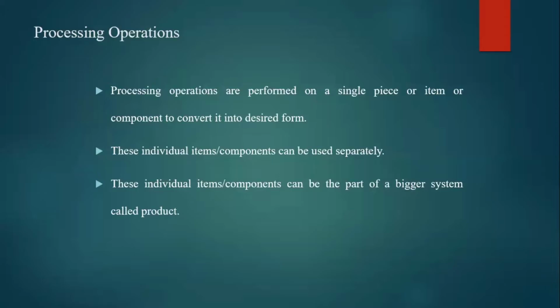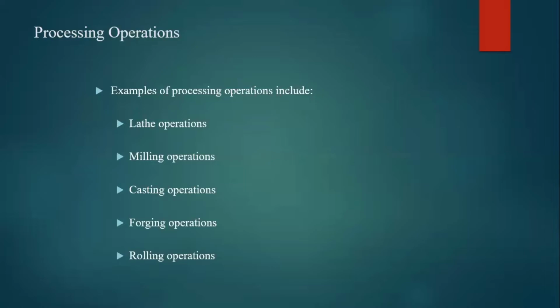So a product consists of several components, whereas the part is only a single piece. The examples of processing operations include lathe operations, milling operations, the casting operations, the forging operations, the rolling operations.